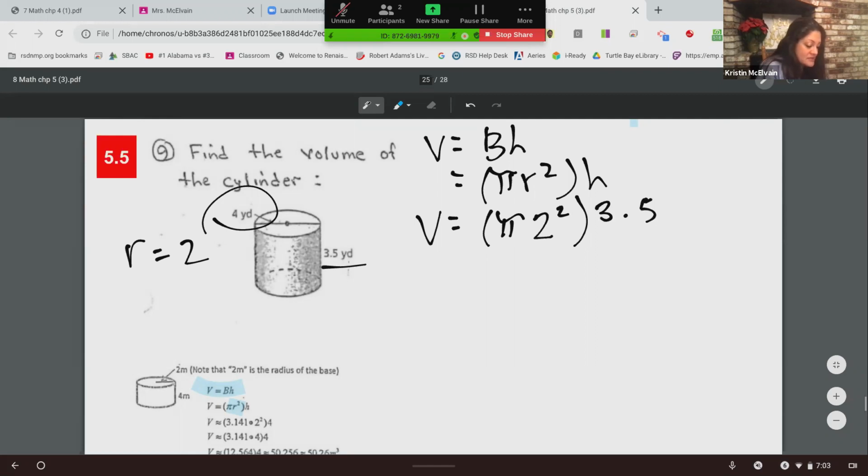The reason we get the little squiggle lines is because remember pi, we use 3.14, but it's actually an infinite number. It's 3.141 and on and on and on. So as soon as we plug in the value for pi, we use this symbol for approximately.